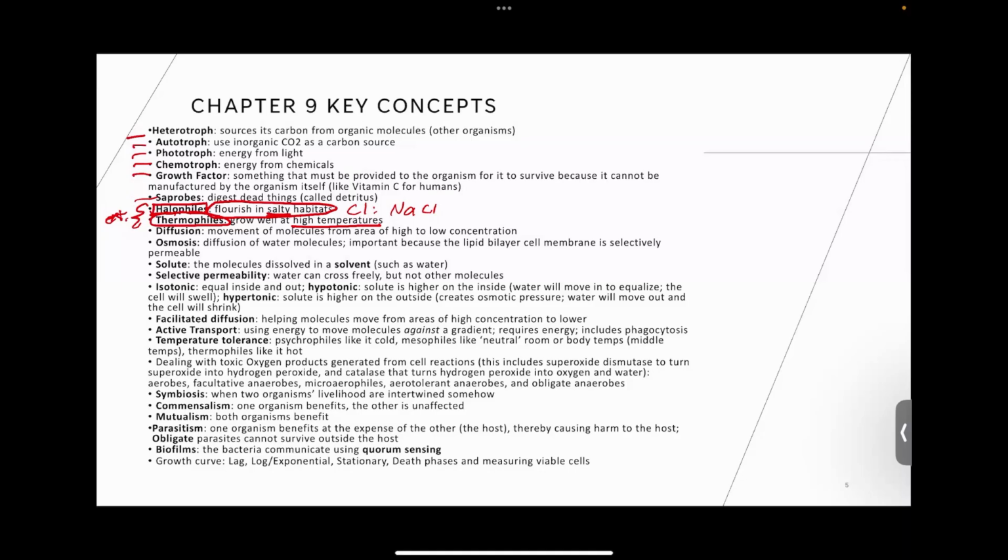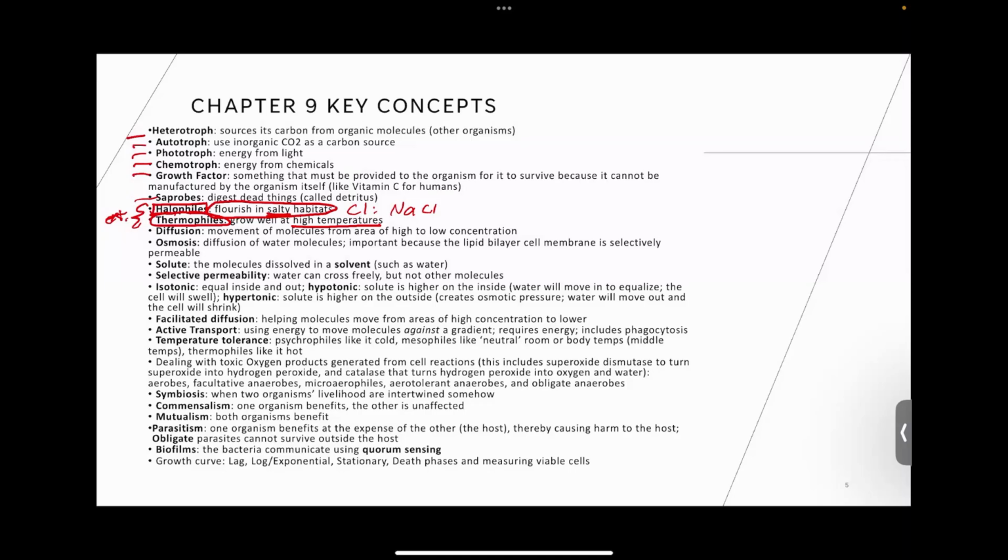But if it's diffusion of water specifically, diffusion of water is called osmosis. Our cell membranes are semi-permeable, and they are selectively permeable as well, to allow water and other certain small molecules, very specific ones, to pass freely across the membrane.